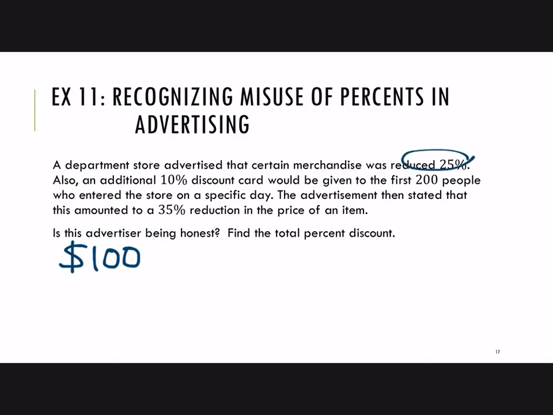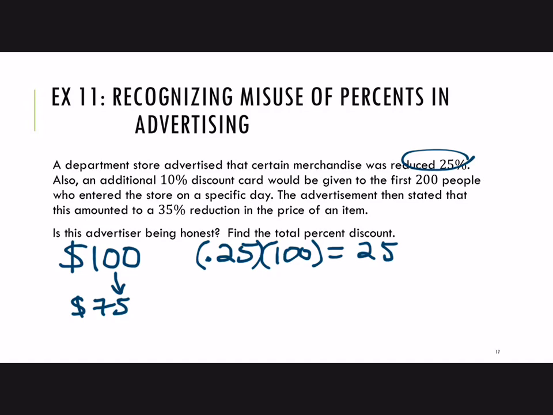Okay, so I think you probably know what that is, but let's work this out just in case. Let's find 25% of $100, and that's $25. So reducing it 25% means subtract that amount. And so now the item is down to $75.